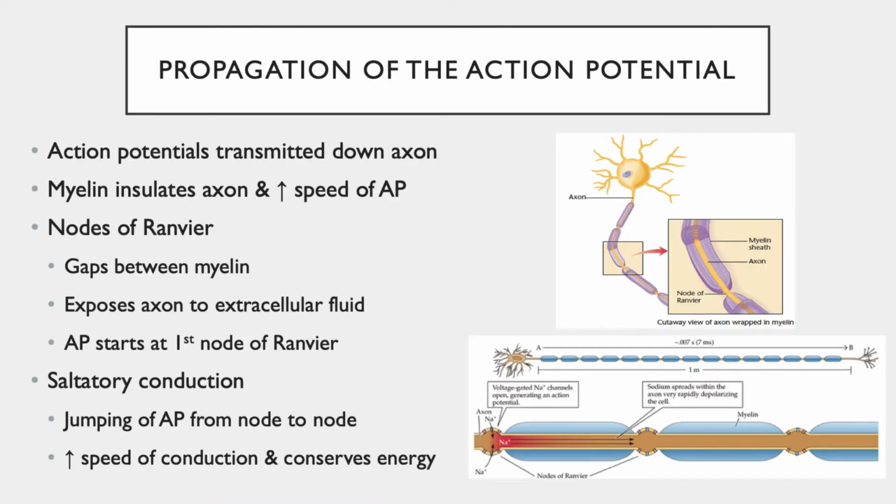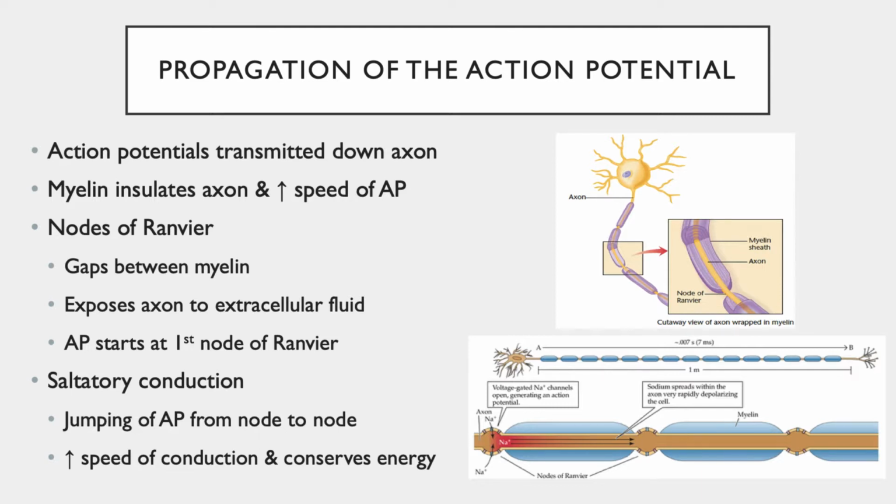All right, our last slide for this lecture presentation: the propagation of the action potential. As I've mentioned, action potentials always travel in one direction, and that direction is down the axon, away from the soma, and towards the terminal button. Myelin insulates the axon on some neurons and speeds up the action potential.